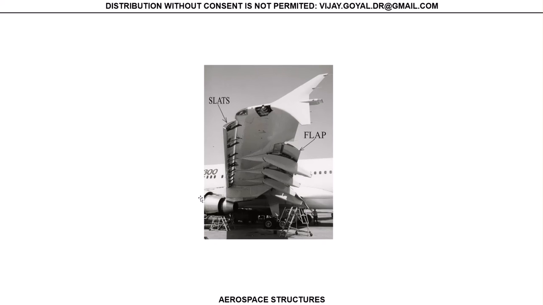This is an example of slats, as you can see. If you have flown in an airplane, you see that the extra surface actually comes down. That will increase the surface area, which will help me in landing or takeoff, so I can increase my surface area for my lift.